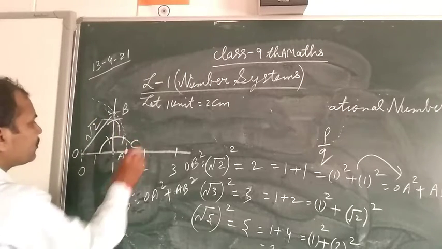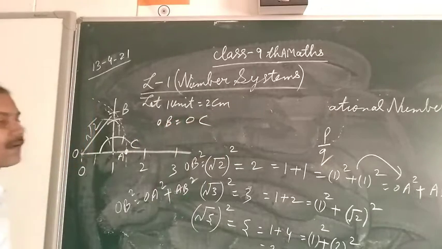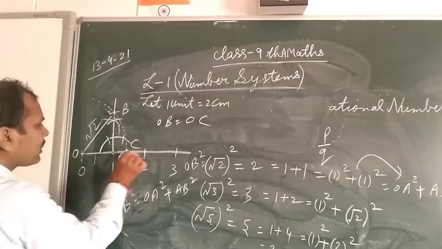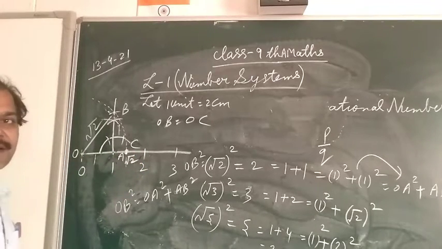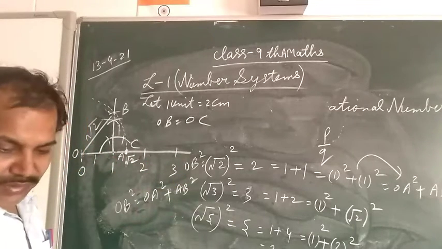So this point suppose C, means OB is equal to OC. OB is under root 2, so OC also will be under root 2. So this is the representation of under root 2.